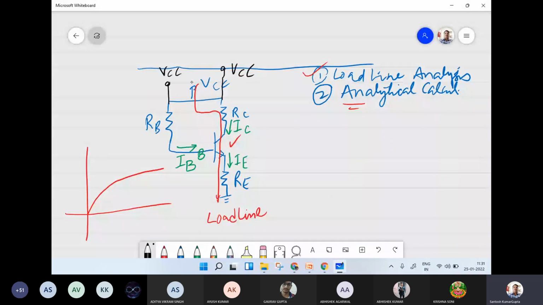Because VCC is common to both, just for the sake of understanding, we are taking the effect of this VCC separately on RB and RC. So it is like this here. When we say plus VCC, the positive terminal of the battery is connected to that particular node, like this.